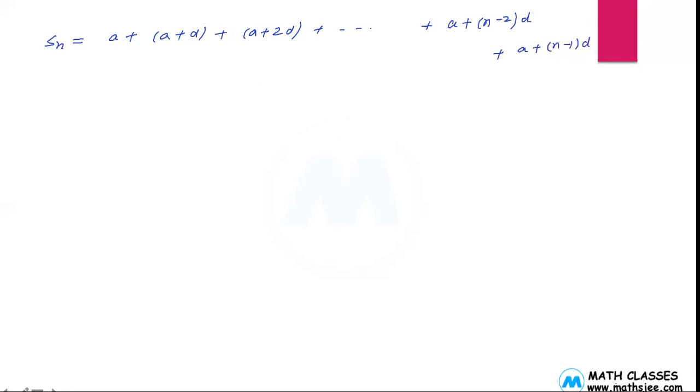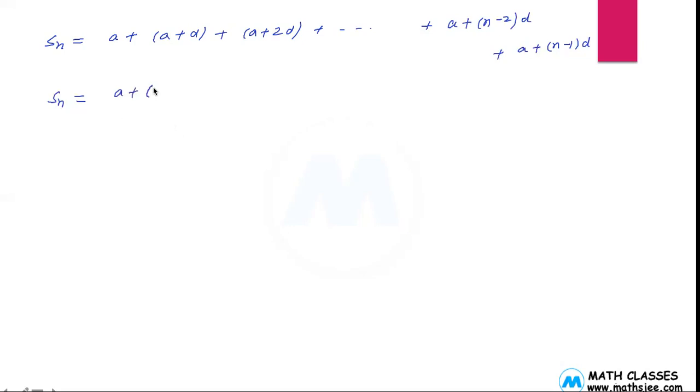Now we can easily try to correlate this with what we have studied, and we can write it out in the reverse order. That is, we write the last term as the first term here, because we are not changing the terms, we are just changing the sequence of writing them.